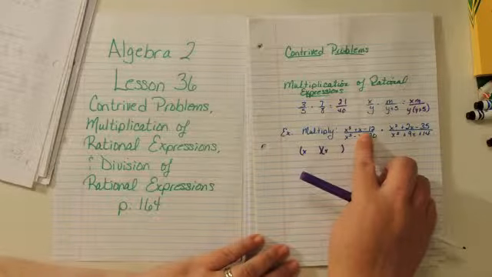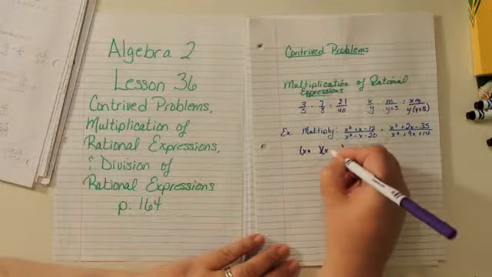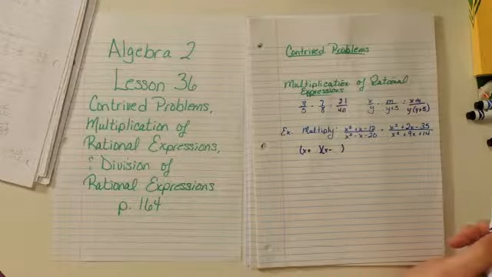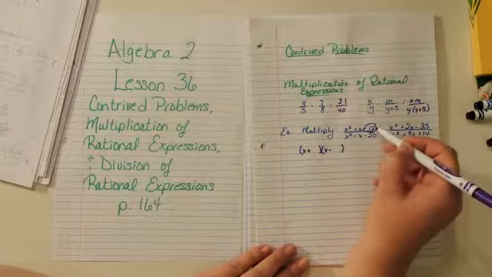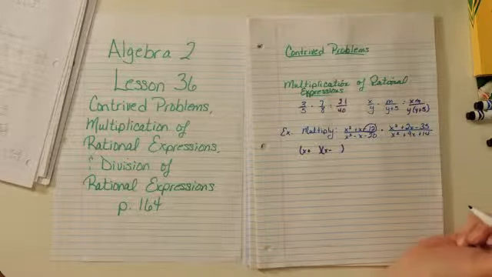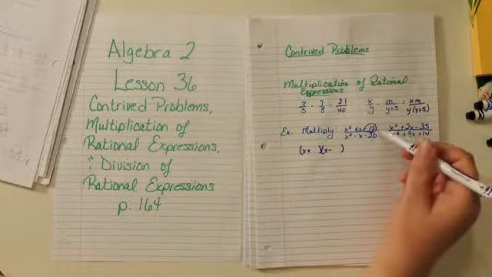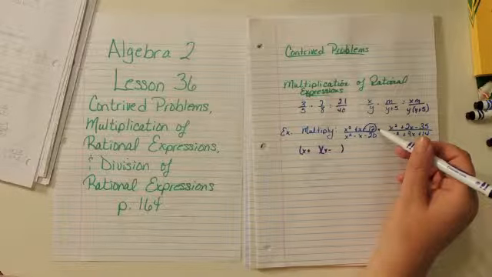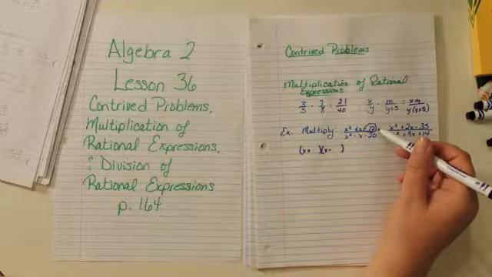We see that this is negative and this is positive, so one of these is going to be positive and one of them is going to be negative. Now we need factors of negative 12. They're going to add up to positive 1. The factors of negative 12 are negative 12 and 1, which add up to negative 11.